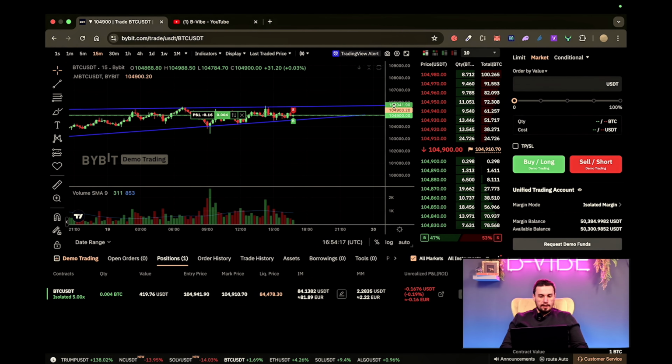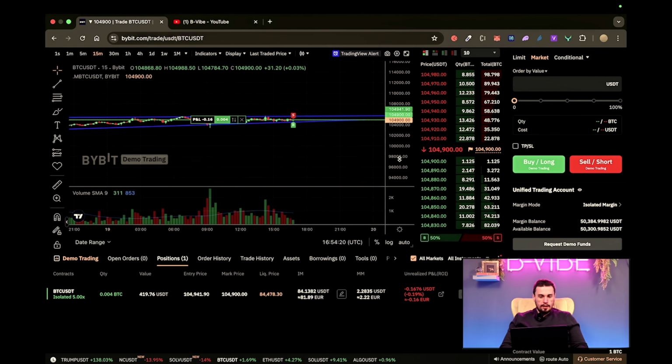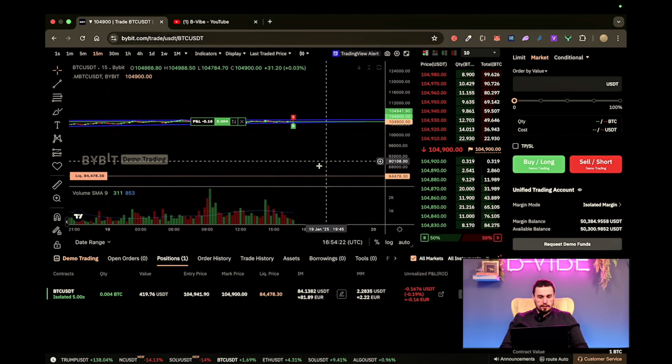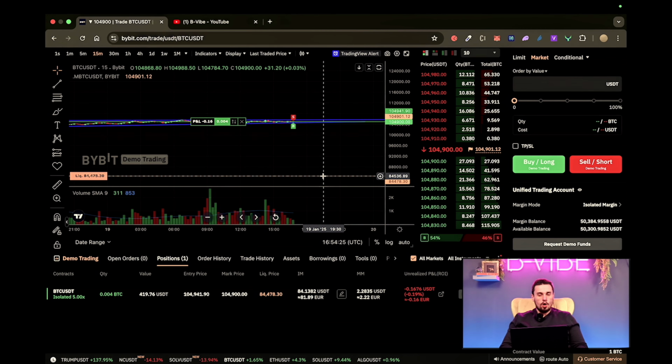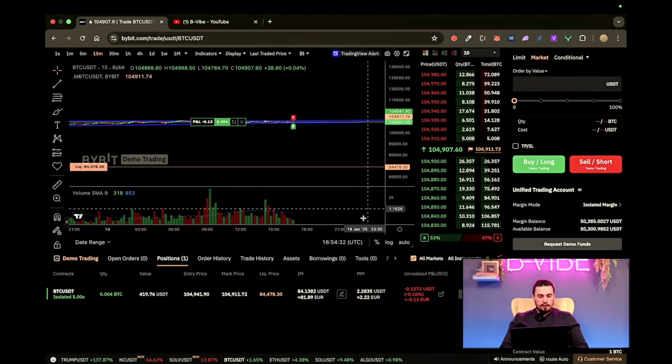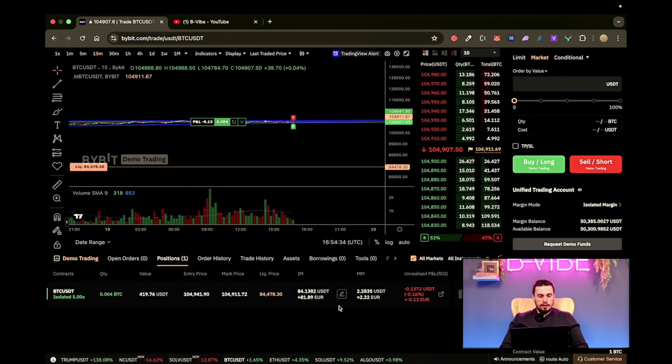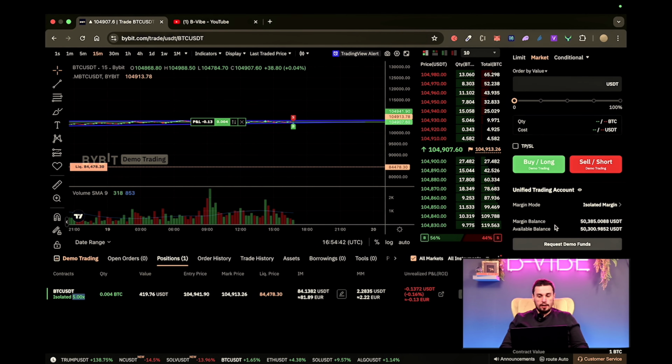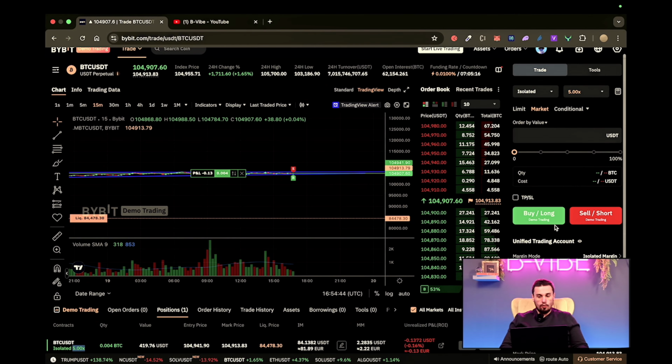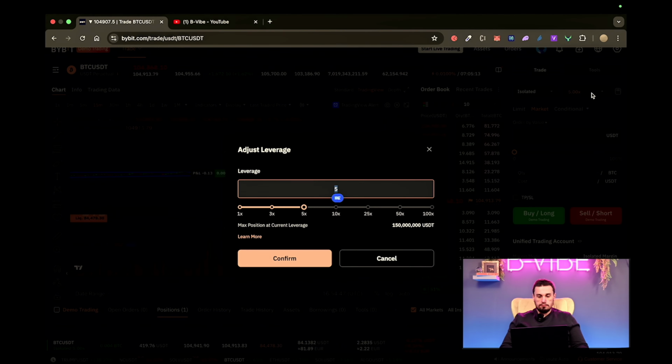Okay, but let's say that the price starts to go down and you are at big risk that it will hit this liquidation price. What will you do if you want to lower the liquidation price? Well, first see if you're using some kind of leverage, because you're using 5x leverage. You can open another trade or simply go here and lower the leverage. So you can lower the leverage to, let's say, 3, confirm.